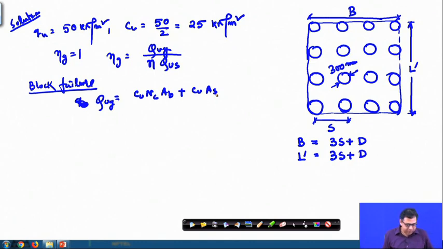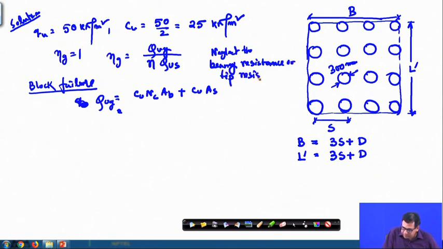We can write the QU value as Nc Cu Ab plus Cu As, and one condition is given that you neglect the bearing resistance or tip resistance of the pile.